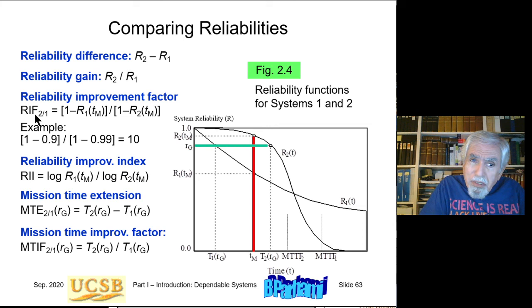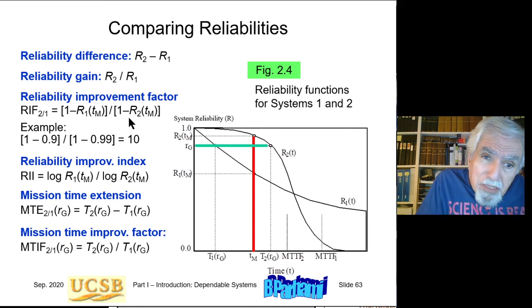For example, the reliability improvement factor is the ratio of unreliabilities. So if the reliability of one system is 0.9 and the other one is 0.99, this difference is 0.09, a fairly small number, and this ratio will be 1.1, whereas the ratio of unreliabilities is 10.